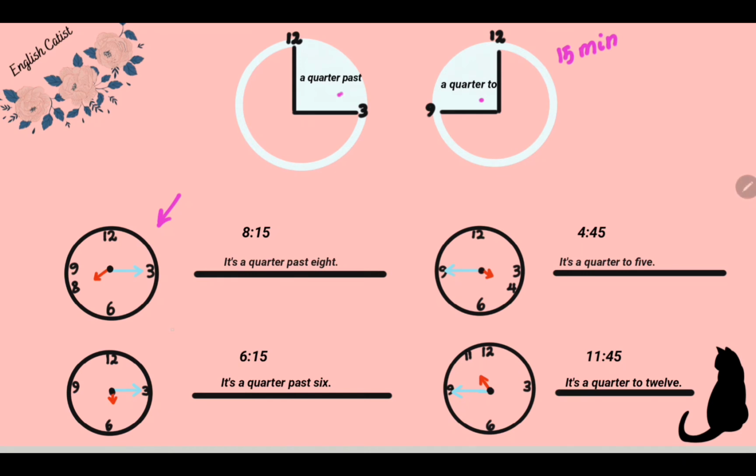What about this one? What's the time now? It's a quarter past 6. We can also use it like this. If you say it's a quarter to 5, it's a quarter to 5, because here we have just 15 minutes to 5 o'clock, the next clock.